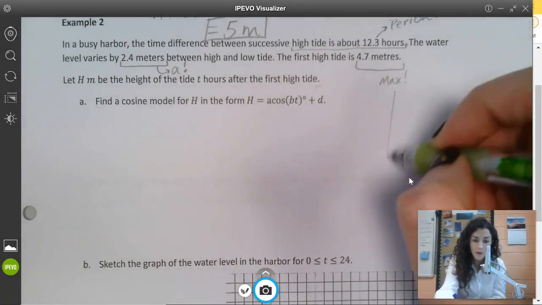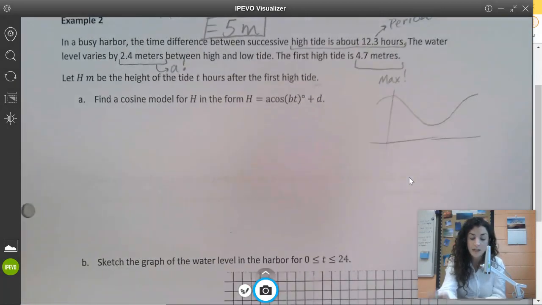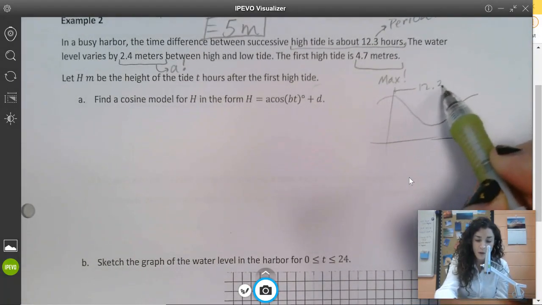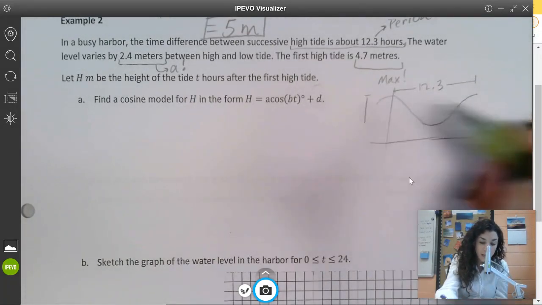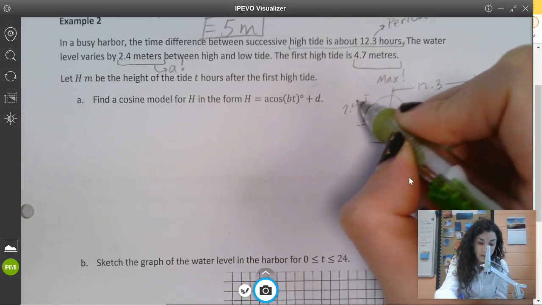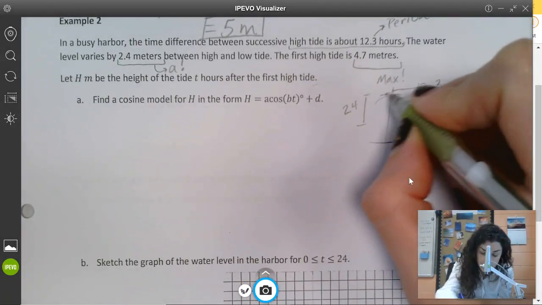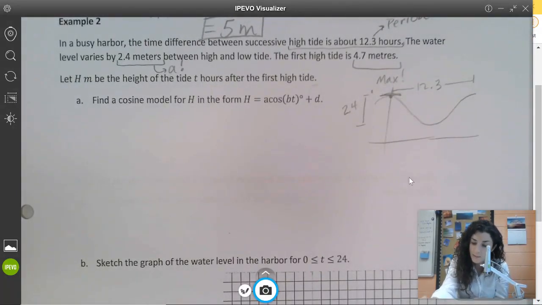You can also always think about it visually, and I recommend that you do that. If you're a visual person, being able to see it is important. So we know that this is a distance of 12.3, this whole distance is 2.4, and the first high tide, this measure right here, is 4.7.